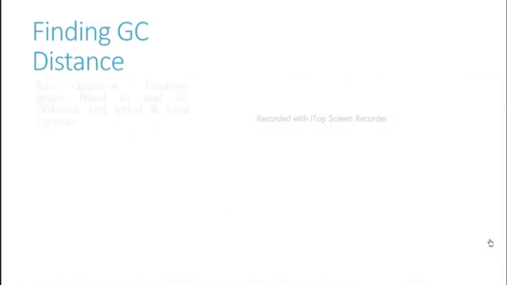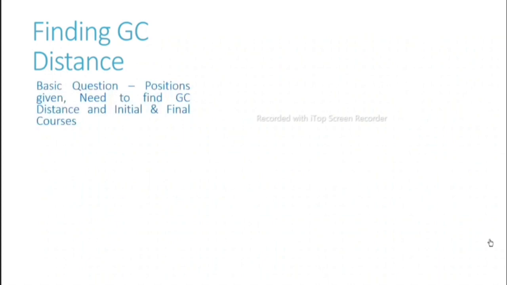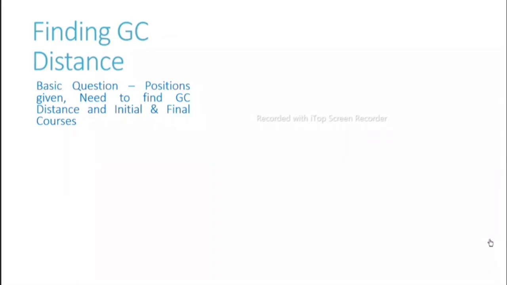A basic, very simple great circle sailing question involves two different positions on the surface of Earth being given, with latitudes and longitudes, the coordinates, and we need to find out the great circle distance between those two positions.